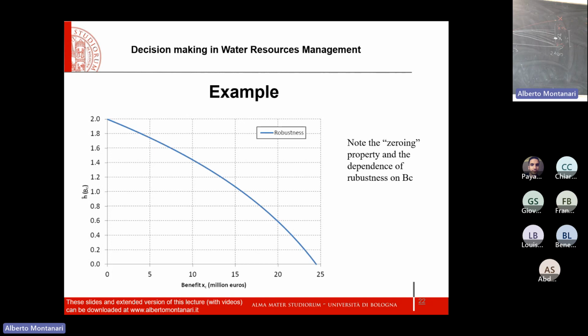I would prefer to have a larger uncertainty here, because if my critical benefit is 20, if I want to get in the worst case 20, I would prefer that I'm allowed much more uncertainty with respect to the predictions. Because even if the predictions don't come true, I get my critical benefit anyway.